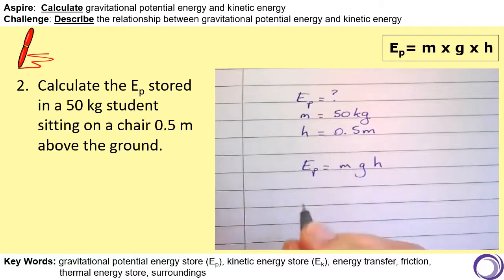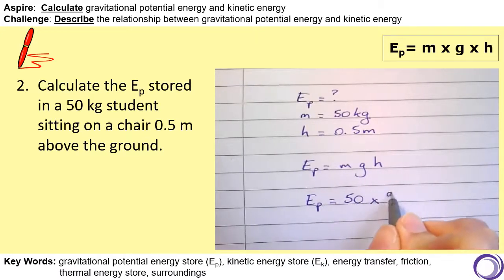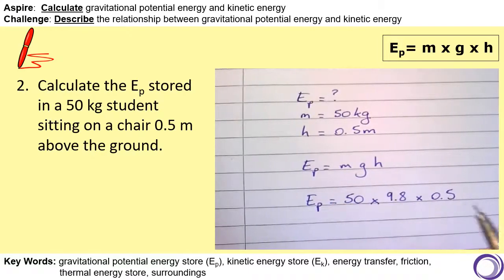So EP is our unknown, so we're going to write EP again because it's what we're looking for. Our mass is 50 kilograms. Our G, again, it's not given, but we're on Earth, so we know that it's 9.8 newtons per kilogram. And then we multiply it by the height, which is 0.5.